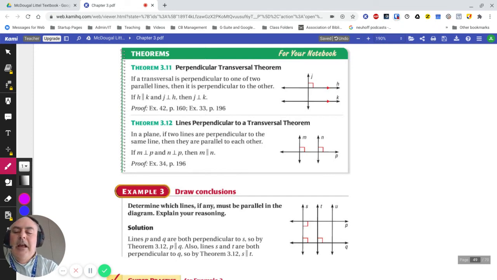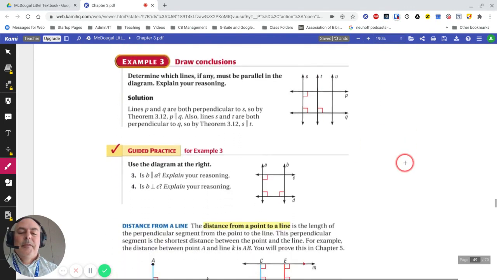Likewise, if I know I have a line, which would be considered a transversal, perpendicular to two other lines, these two lines by definition will be parallel. All I'm saying is that when I've got parallel lines and a transversal perpendicular to one, it's perpendicular to both. And if it's perpendicular to both, I simply know that the lines are going to be parallel.